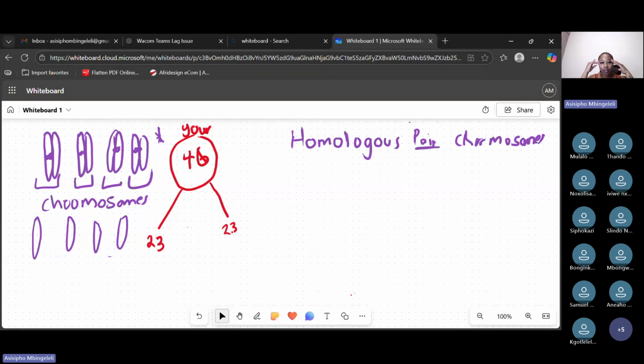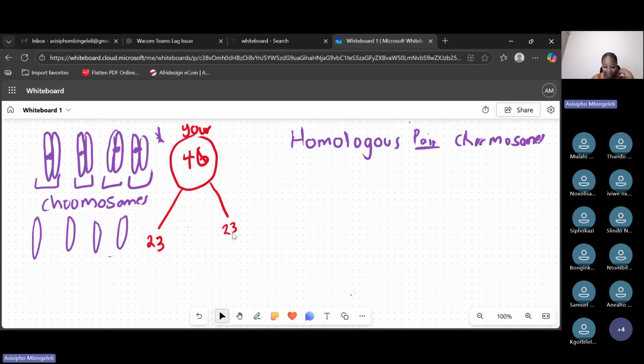Now, what you need to know about these chromosomes, the 23 from the mother, 23 from the father, is that they arrange themselves in pairs. So chromosome number 1 from the father will align with chromosome number 1 from the mother to form a pair. So in total, you're going to have 23 pairs of chromosomes.